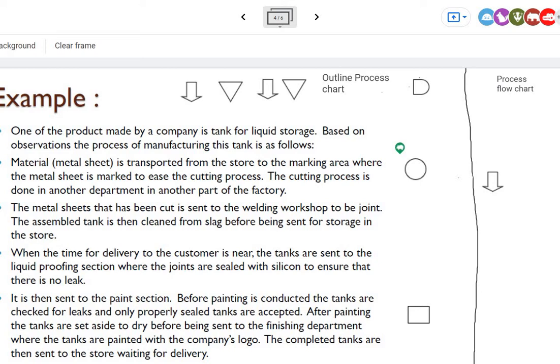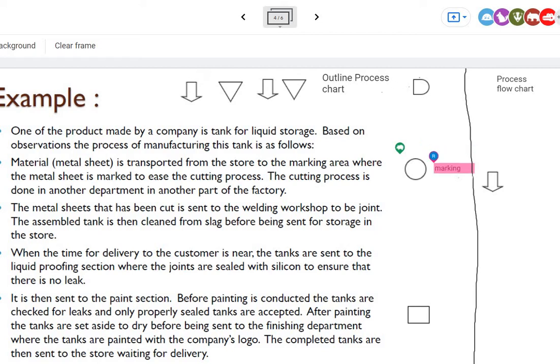Okay. In the first question, you have two activities, two verbs, two operations. Sorry, two operations. Okay, what is it? First is marking, right? Marking. Okay, you have marking.